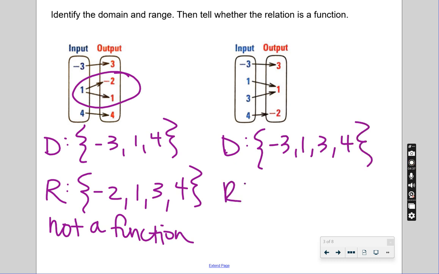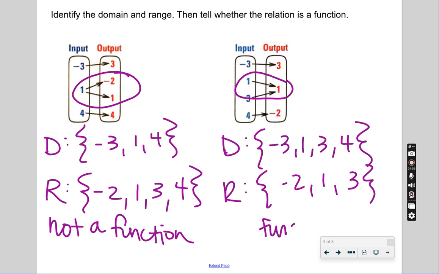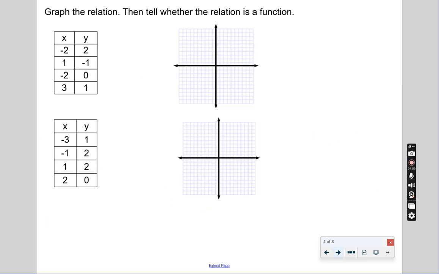What's the range? -2, 1, 3. Is this one a function? Yes. Is this okay right here? Yeah, it's okay if we have the same output value for 2 different inputs, but this one is a function.